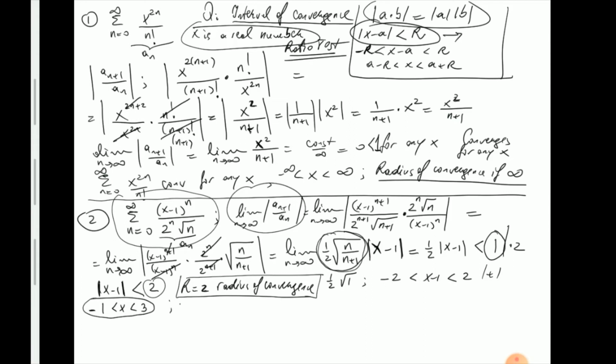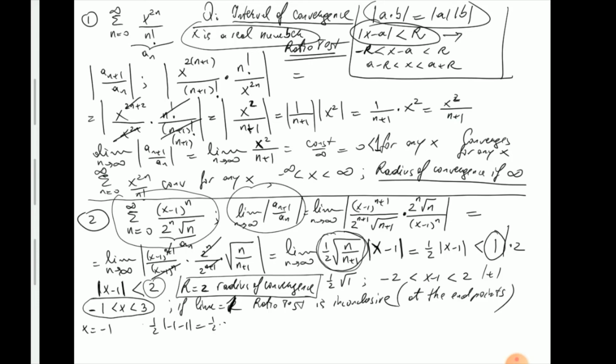But remember, if the limit is equal to 1, the ratio test is inconclusive. And in this case, the limit will be 1 at the endpoints of the interval that you just found. For example, if x equals minus 1, that limit, 1 over 2 times the absolute value of minus 1 minus 1, is equal to 1.